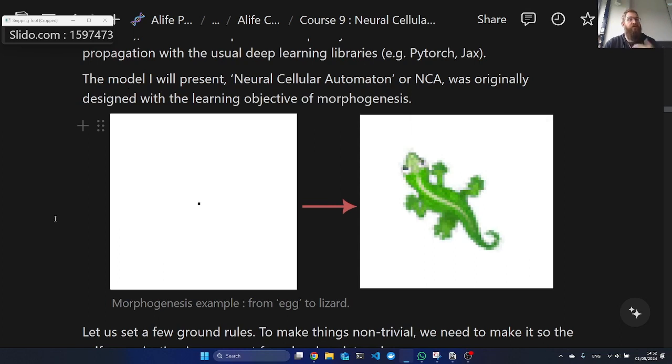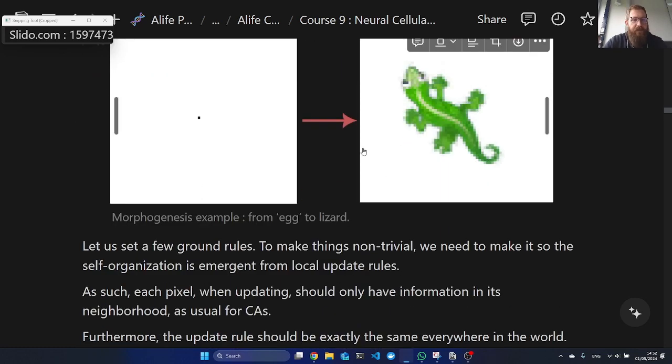This is what we saw also during the reaction diffusion course. The morphogenesis we want to do here in particular is to start with a single pixel. Here we have a single pixel which represents an egg, and we want to evolve it through some cellular automaton dynamics to get some picture, for example, this lizard here.